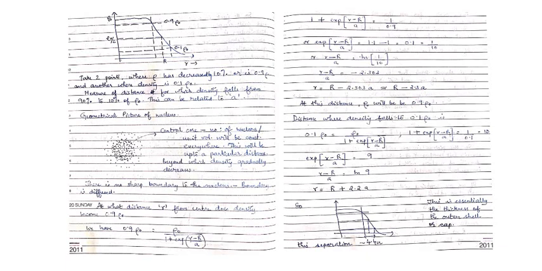Okay, now we need to find out at what distance does density become 0.1 rho naught. So what do you do? You plug in 0.1 rho naught on your left hand side, and you evaluate your small r, and you get the expression as small r is R plus 2.2a.